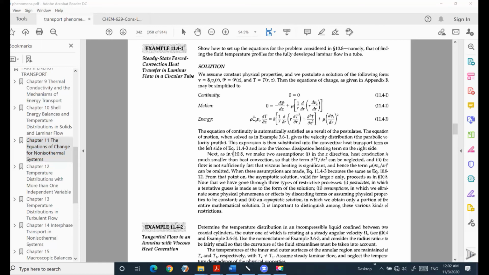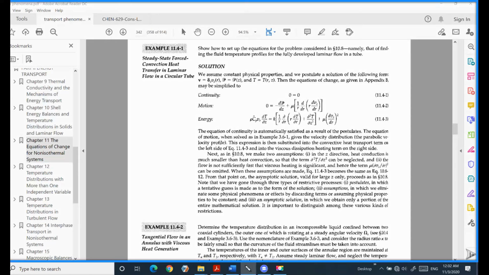To solve this equation, what should we do? We solve from this what Vz is, take this solution, and insert it here.